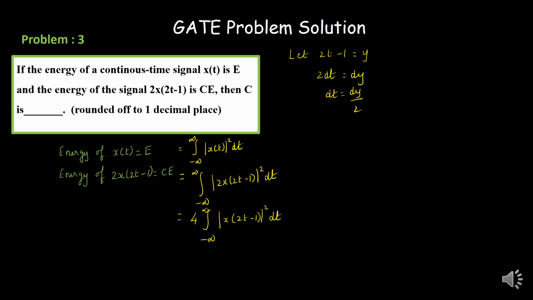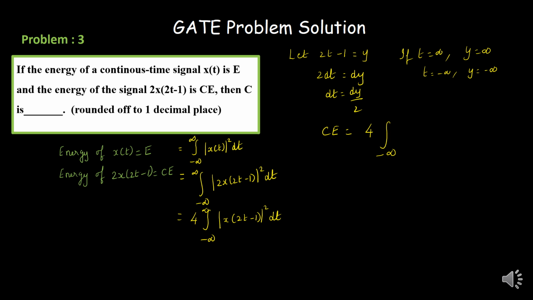Okay, let me change the limits also. If t equal to infinity means 2t minus 1 equal to y means y equal to also infinity only. T equal to minus infinity means y equal to minus infinity. There is no change in the limits. So we can write CE equal to 4 into, I am changing the limits for y variable.